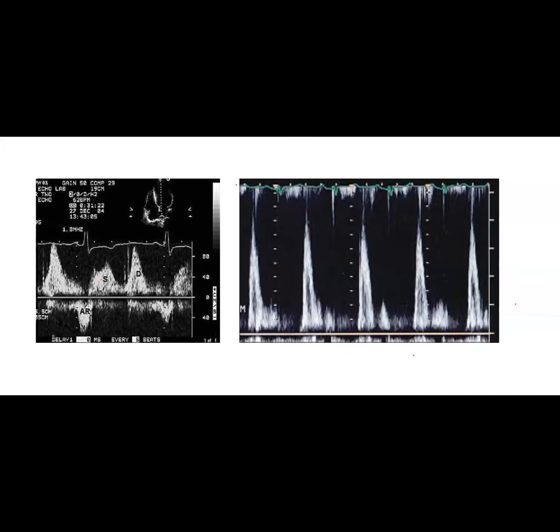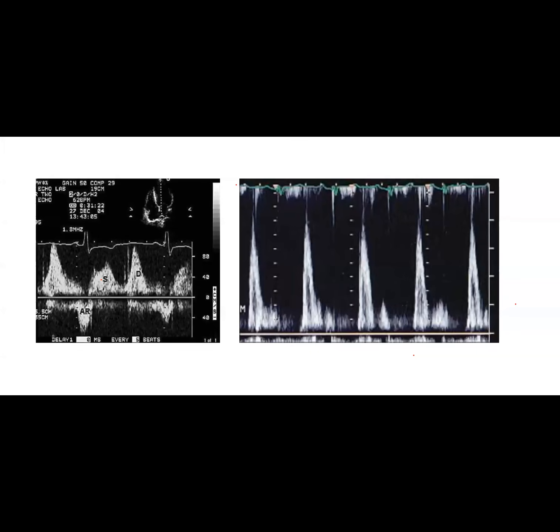Look at the AR. Stout AR, stout. It's broad and deep. So if I take the AR duration and I subtract it from the A duration from the mitral inflow, I will get something more than 30. Okay?